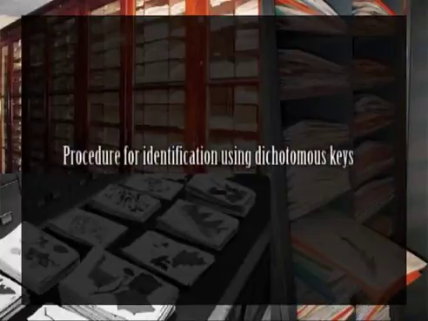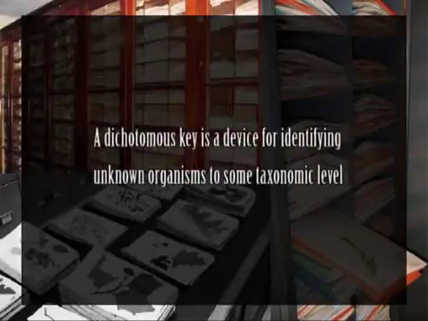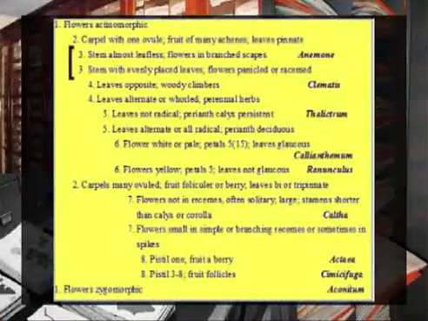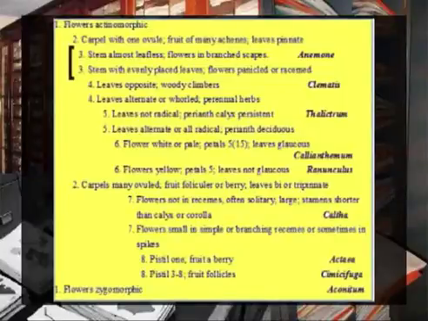Now we discuss the procedure for identification using dichotomous keys. A dichotomous key is a device for identifying unknown organisms to some taxonomic level, that is up to species, genus or family level. It is constructed of a series of couplets, each consisting of two statements describing characteristics of a particular organism or group of organisms.